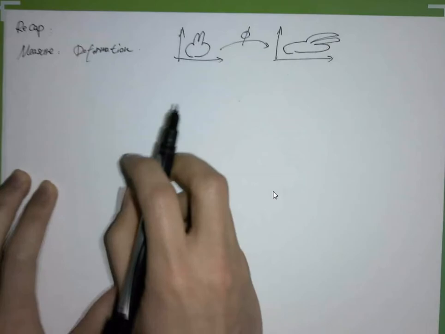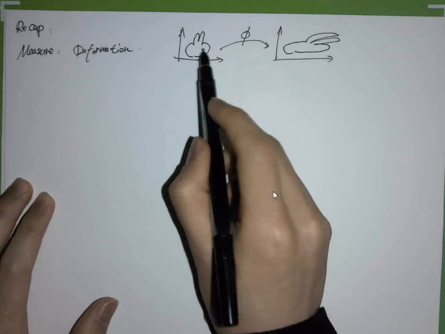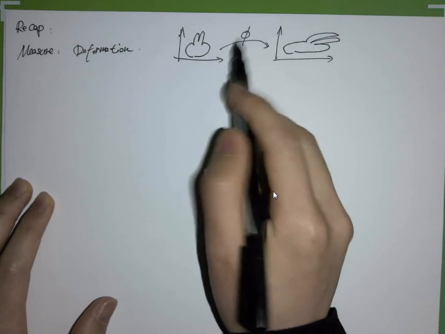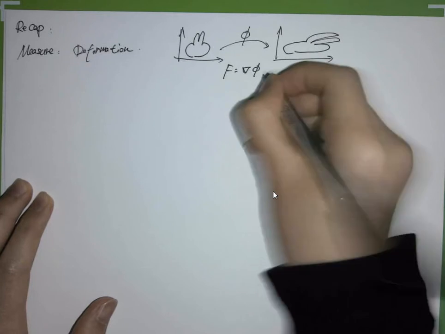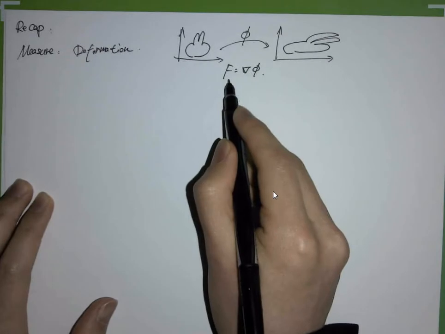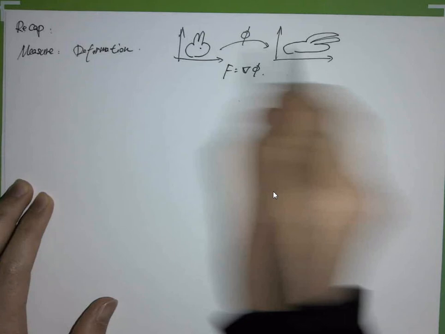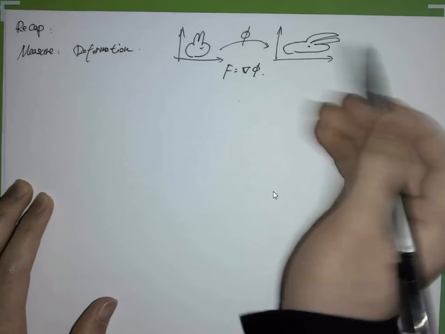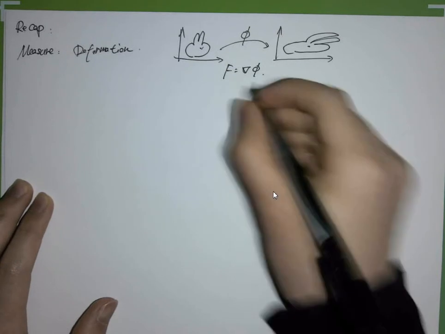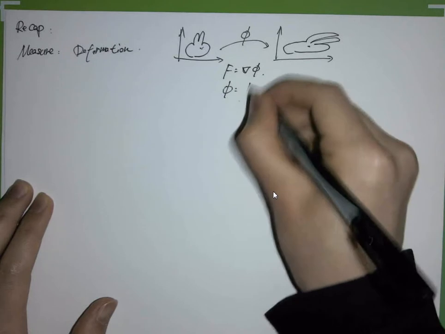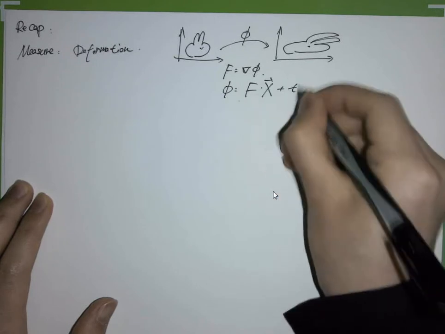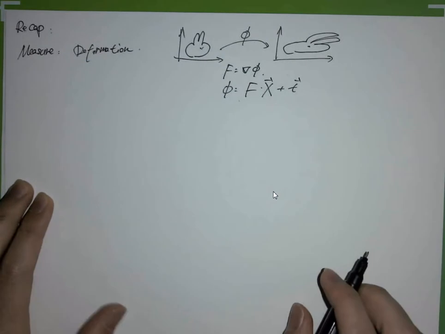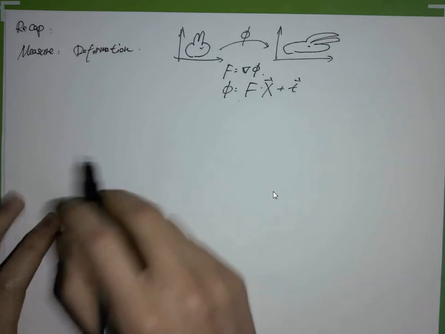We're mainly measuring the deformation phi by using its Jacobian F equals the gradient of phi, using this deformation gradient to represent any point here and map it to here. It's already linearized, so phi can be written as F multiplied by x plus some translation that we don't really care about. All right. This is the deformation part.